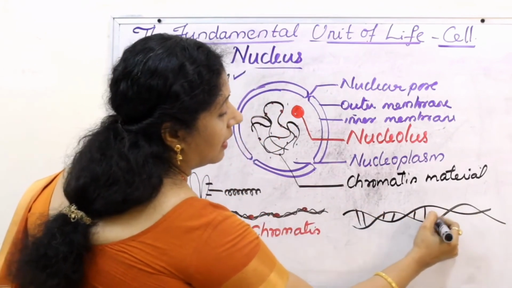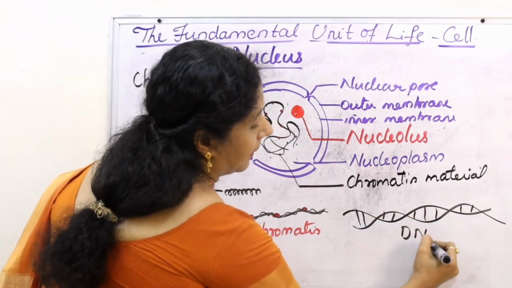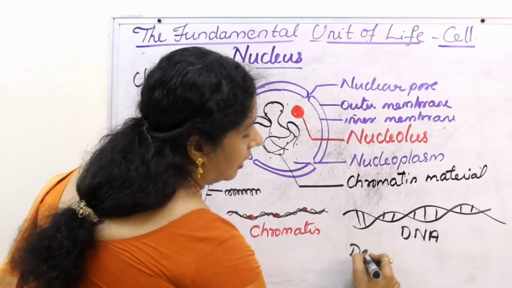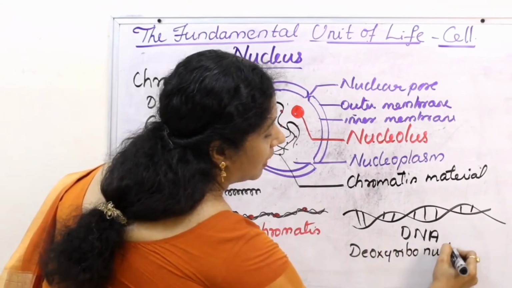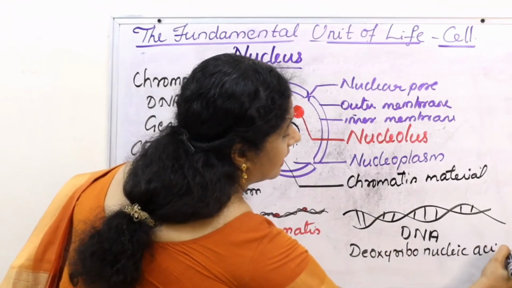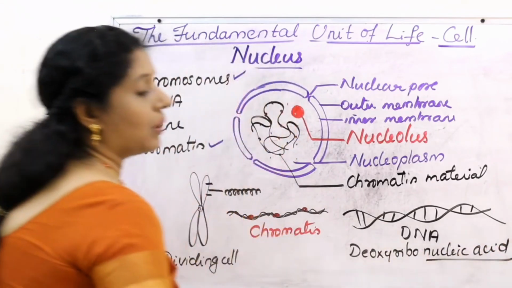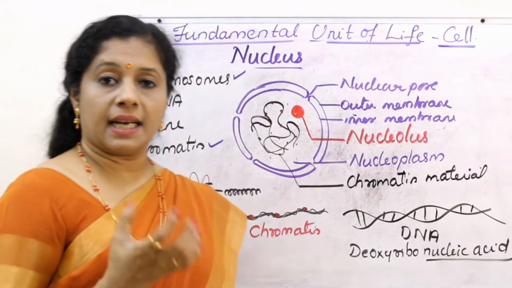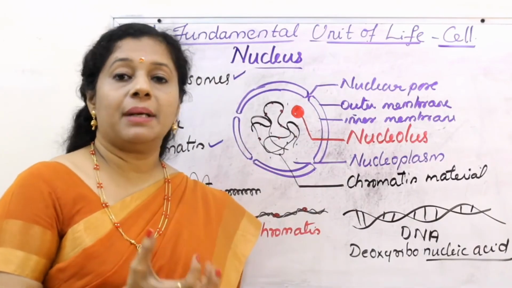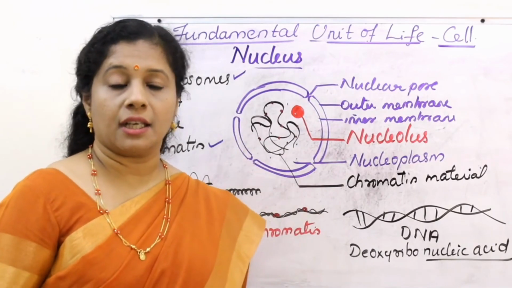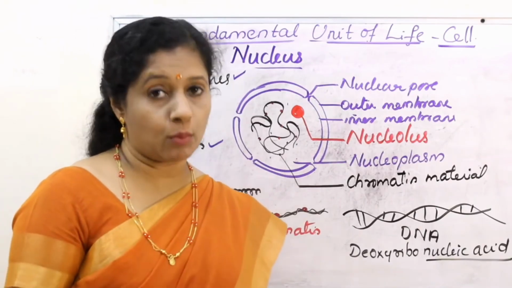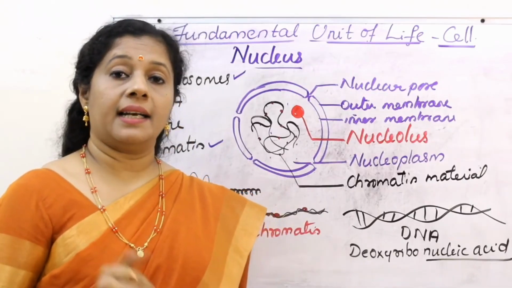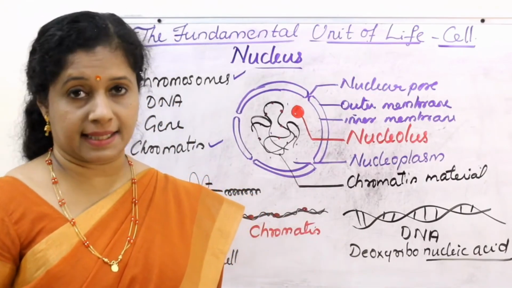So this is called DNA, or deoxyribonucleic acid. Okay. So nucleic acid means the genetic material inside the nucleus is called a nucleic acid. They can be of two types, DNA or deoxyribonucleic acid and RNA or ribonucleic acid.